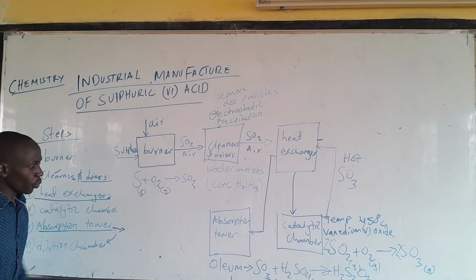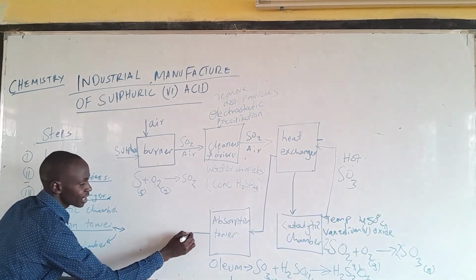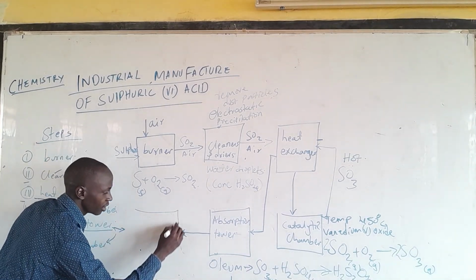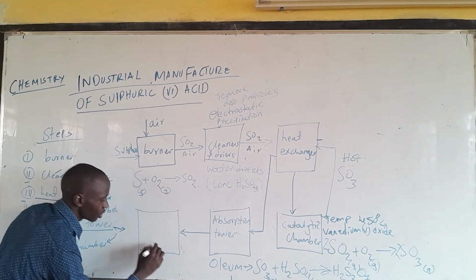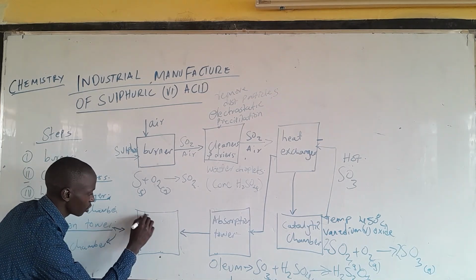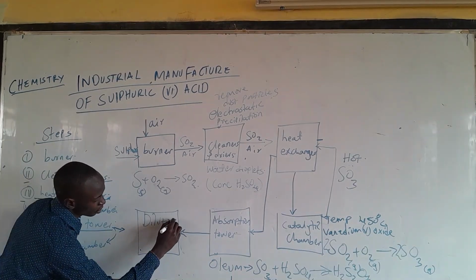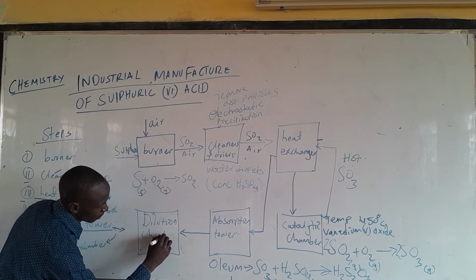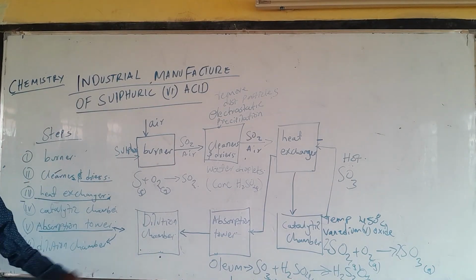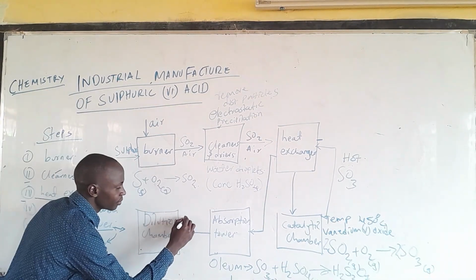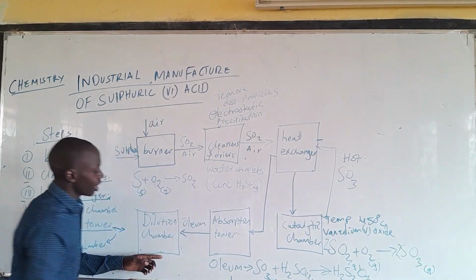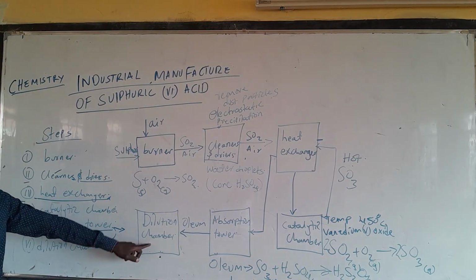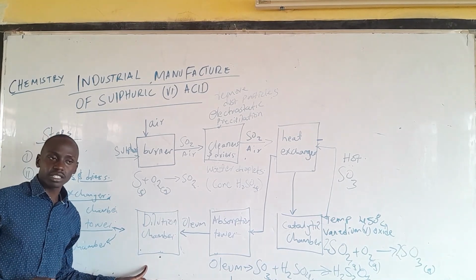now we obtain oleum. When oleum has been obtained, it is then pumped finally to the final chamber, which is referred to as the dilution chamber. In this chamber, oleum is diluted with a lot of water to produce concentrated sulfuric 6 acid.